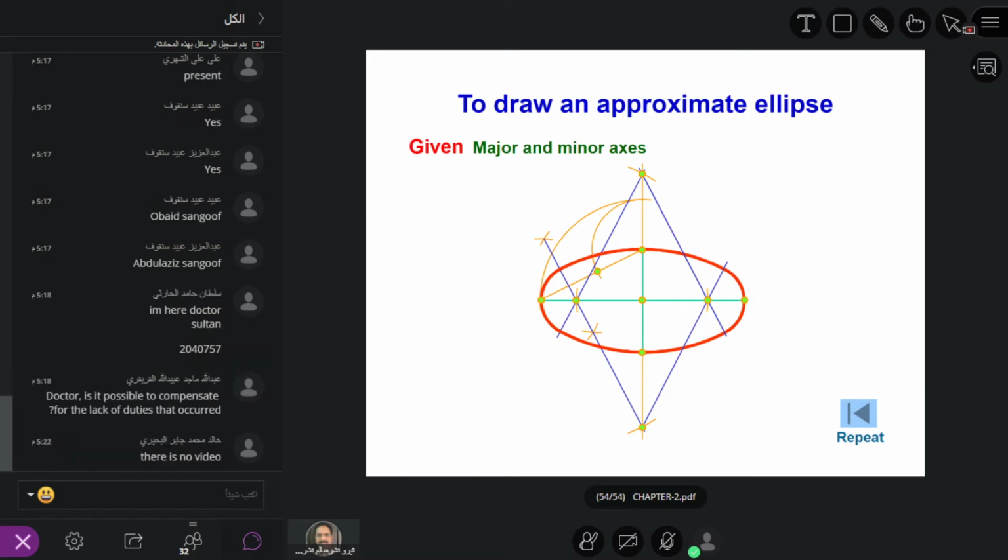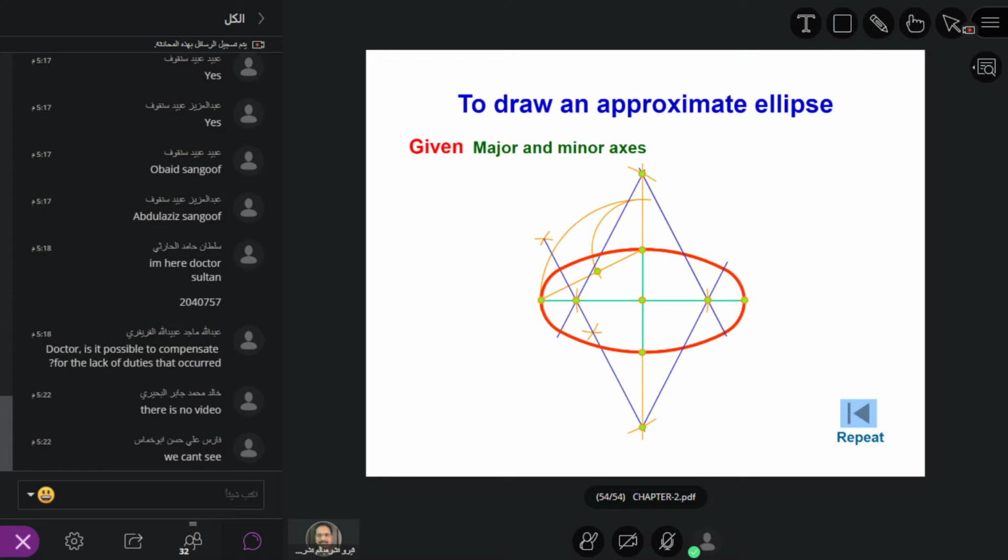So what we do first, we bisect this line and mark CD here. So he's bisecting the line, and he's simply bisecting it.